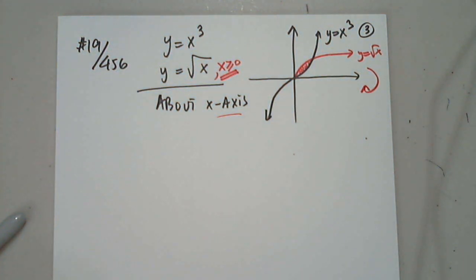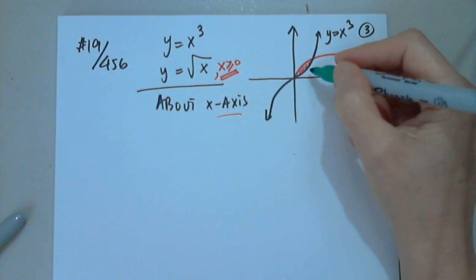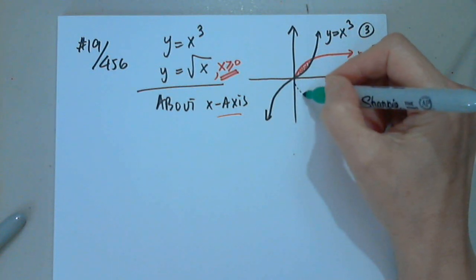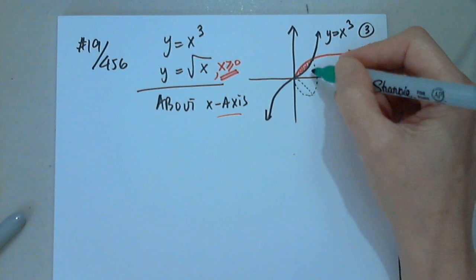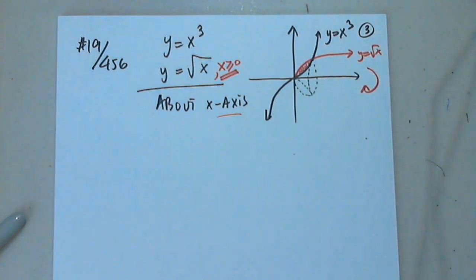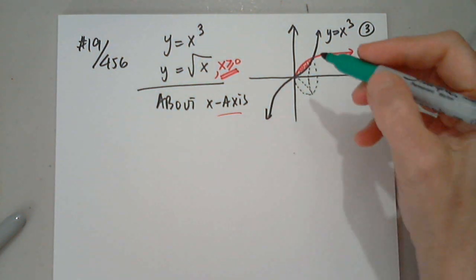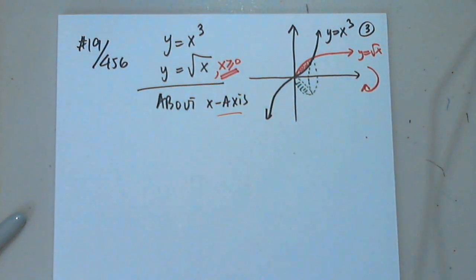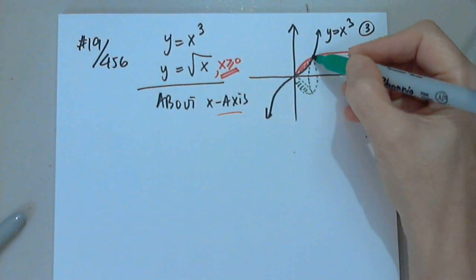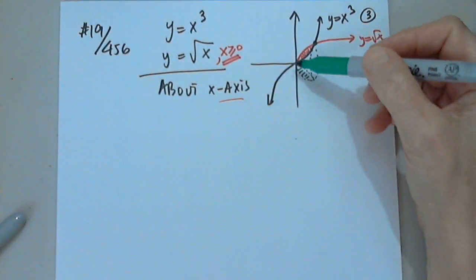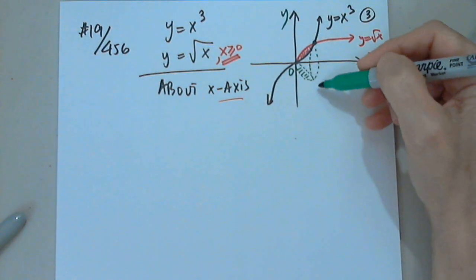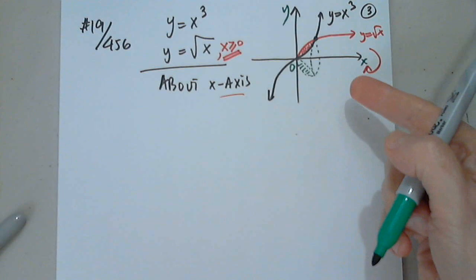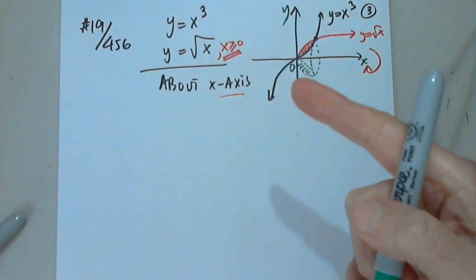I'm going to picture the area on the other side. And here it is. We need to find the point of intersection, so we can integrate between 0 and this point with respect to x.